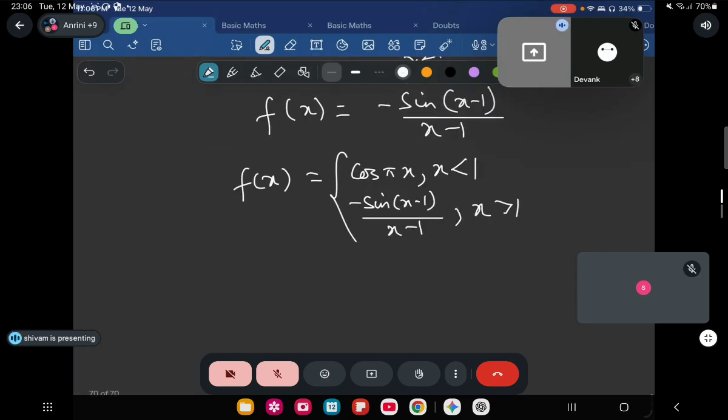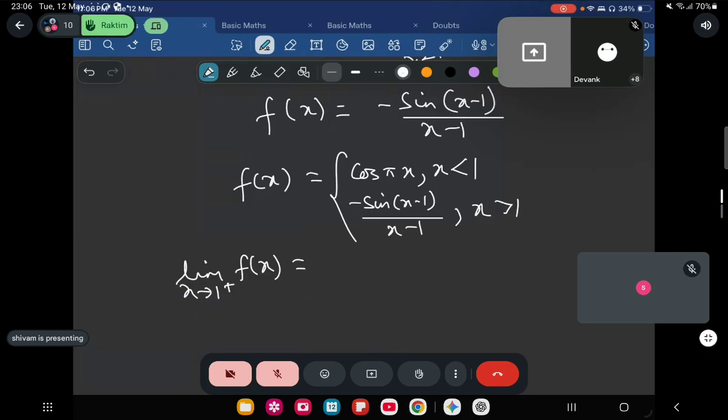So everyone, if I ask you what is limit x tends to 1 plus f of x, tell me, raise your hand. What is limit x tends to 1 plus f of x? Tell me.